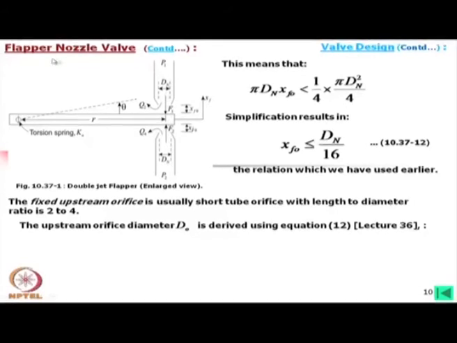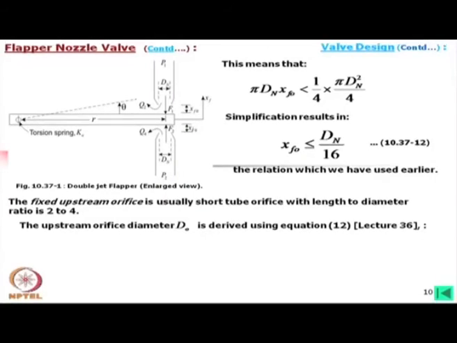We are talking about this other orifice here. That has to be there to control this flow. Both sides, this fixed orifice will be along with this tube. Now, in that case, usually a short tube orifice with length to diameter 2 to 4 is used. That means orifices are of different types, and orifices are used in servo valve control.